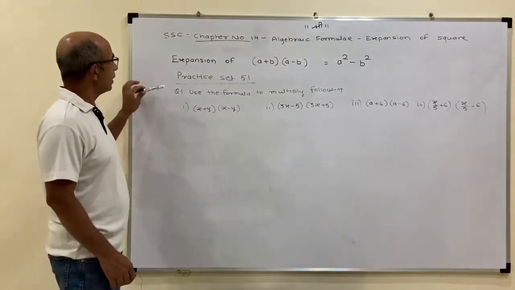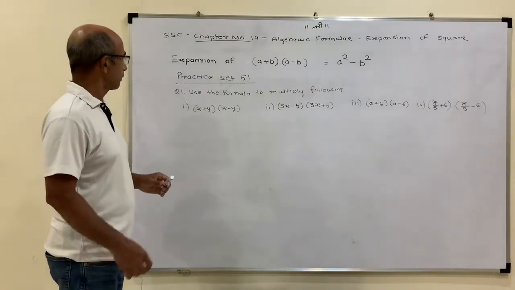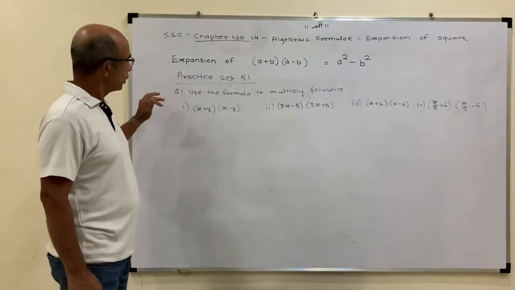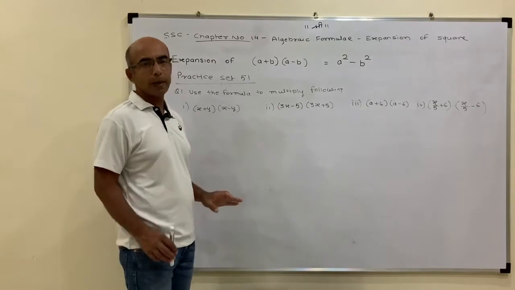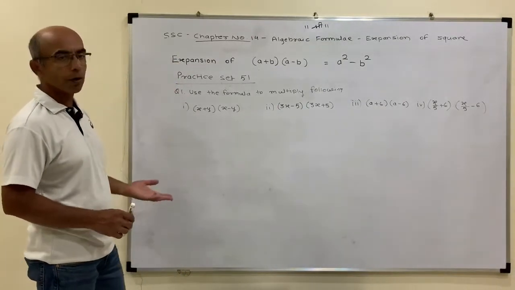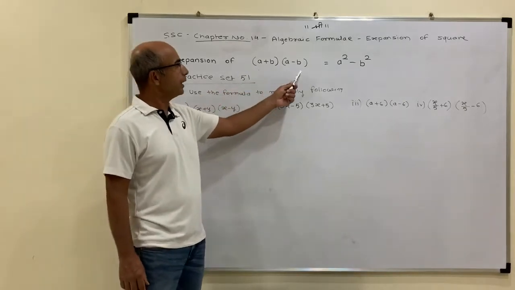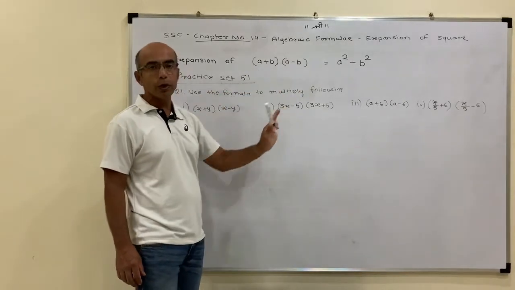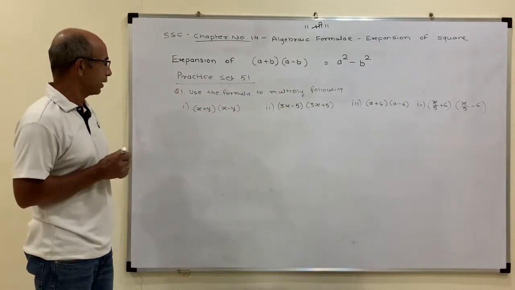Now let's practice, practice set 51. Question 1: use the formula to multiply the following. We are not doing the steps now. We will be using the formula (a plus b) into (a minus b) equals a square minus b square.